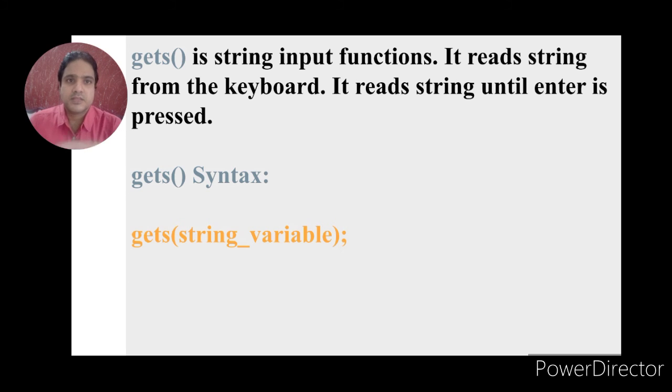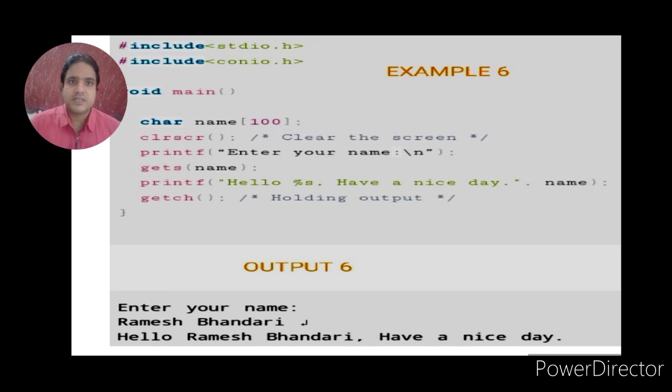This is the syntax, or this is the example. If the user wants to enter the value of a string, like gets(name), here name is the variable name of character type which represents a string having up to 100 characters. Enter your name in the output: Ramesh Bhandari. Hello Ramesh Bhandari, have a nice day. This is the output, like that we can write here.